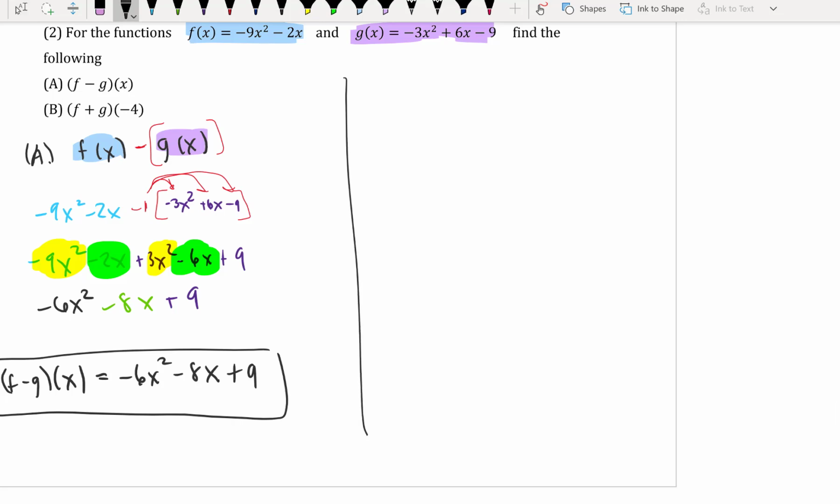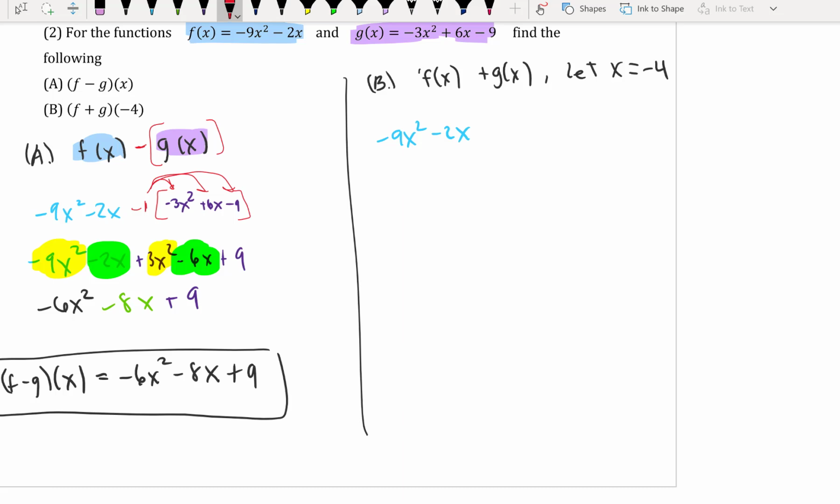Now for part B, what this is saying is f of x plus g of x, and let your x value equal a negative 4. So, okay, I'm going to have my f function, which is a negative 9x squared minus 2x.